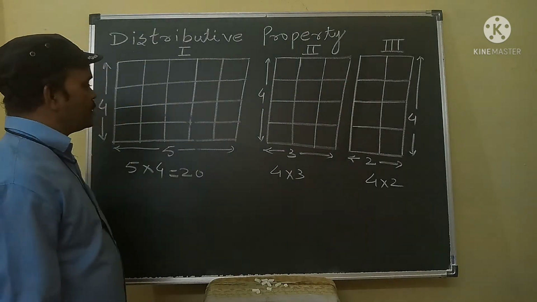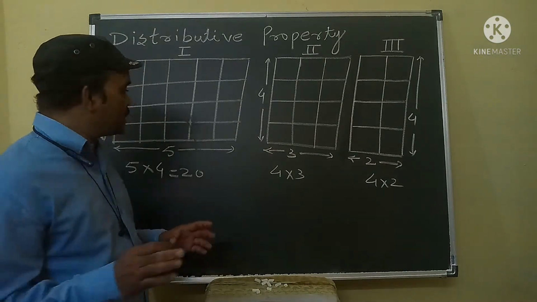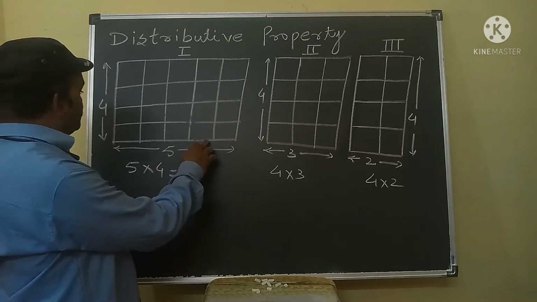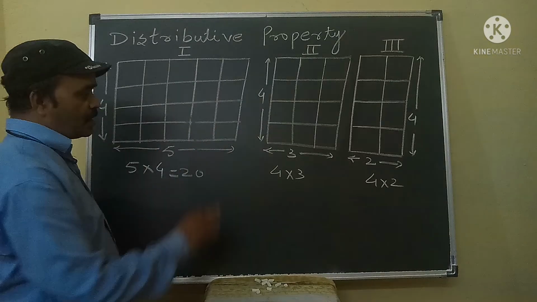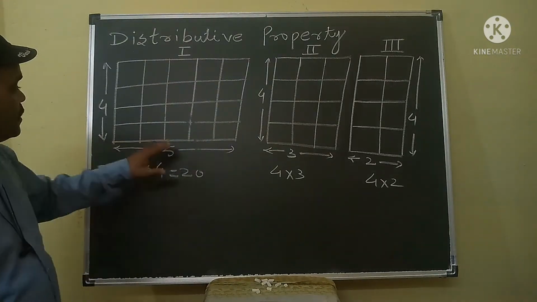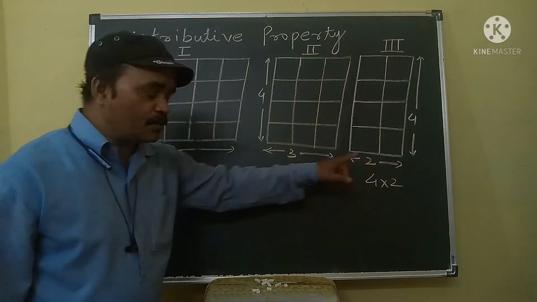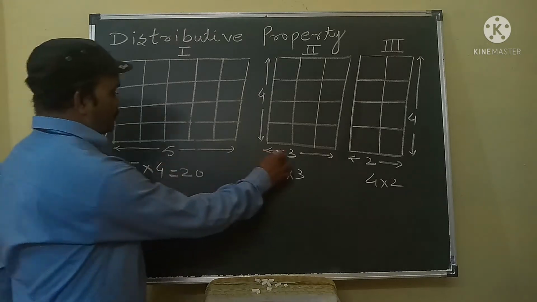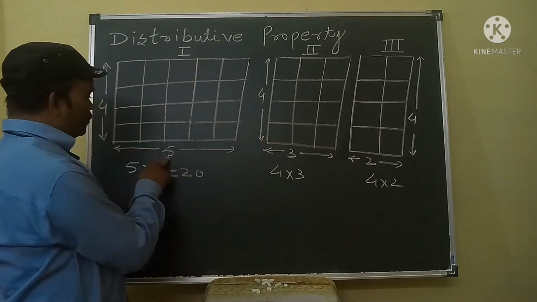But what is the condition? The number of columns is 3 and 2. The number of columns would not be changed: 3 plus 2 is equal to 5.